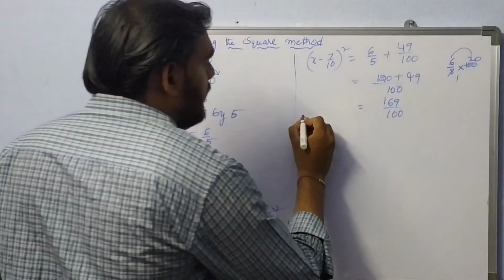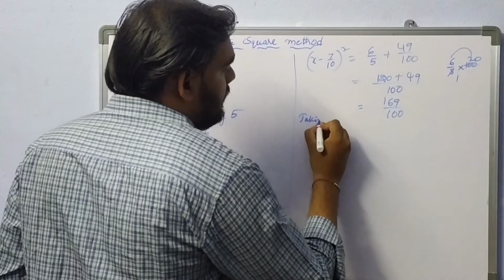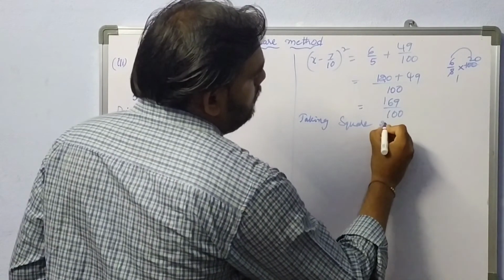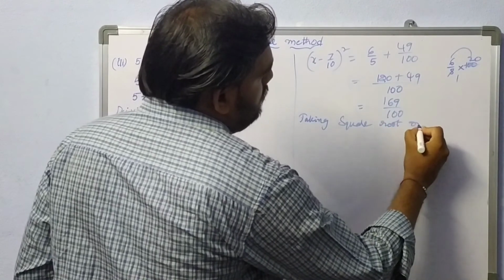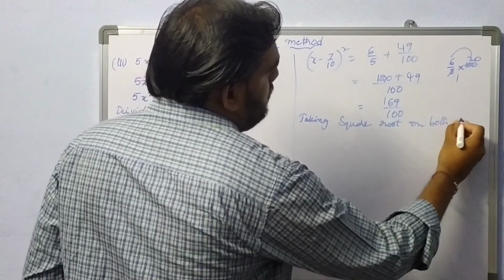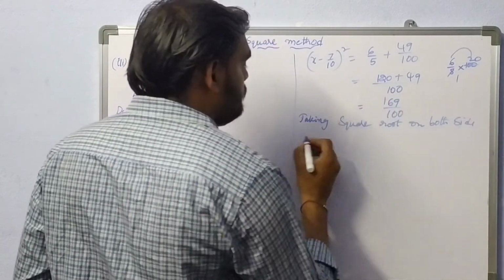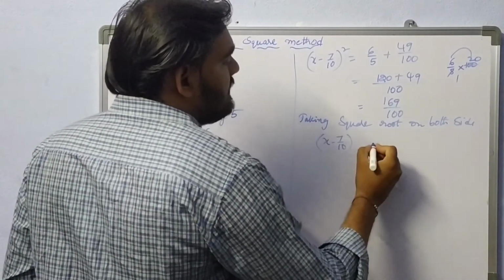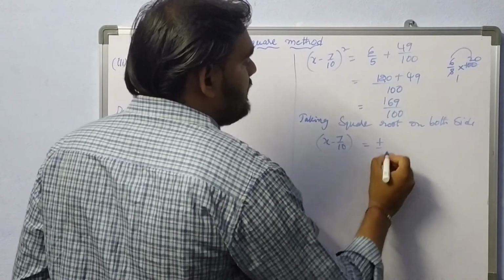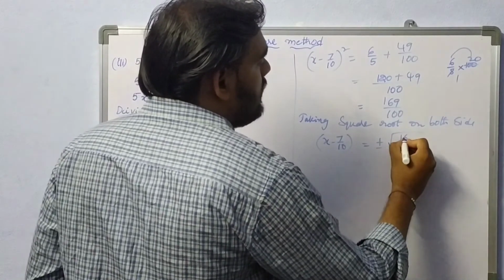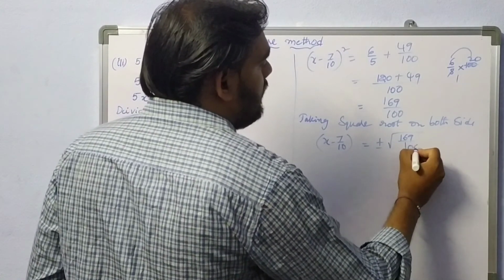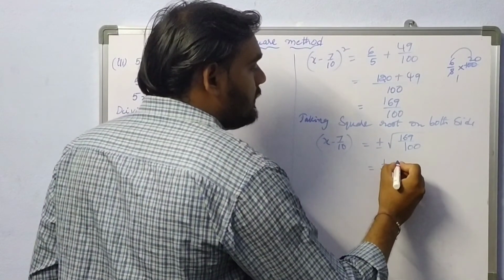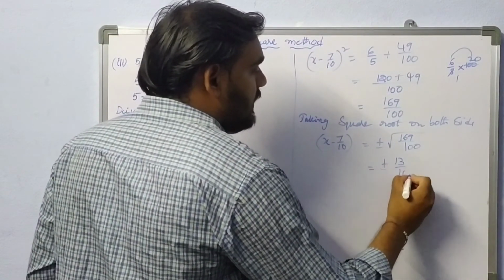After that, taking square root on both sides. Now we will get x minus 7 by 10 is equal to plus or minus square root of 169 by 100. Now we will get plus or minus 13 by 10.